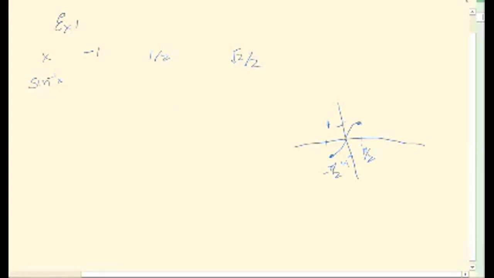The sine function has been restricted to between -pi/2 and pi/2. It's domain restricted so that it remains a one-to-one function. And notice we don't lose any of the range values of the original sine function by doing this. So this is the restriction.